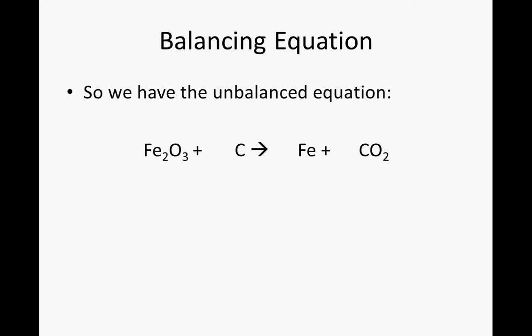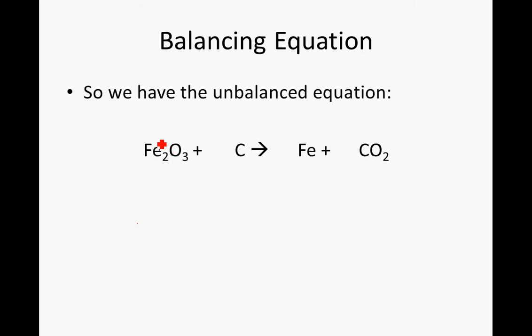So how can we balance this equation? We have to look at which constituent species, or we say which entity, are not balanced yet. You can look at this equation and find that easily. Iron is not balanced yet. Why do I say iron is not balanced yet?